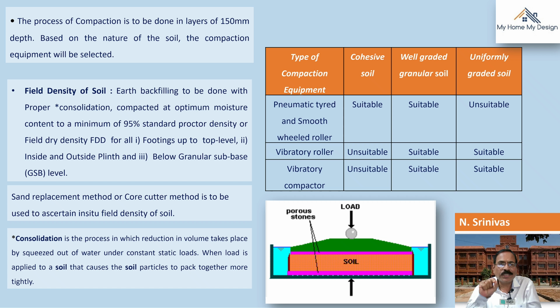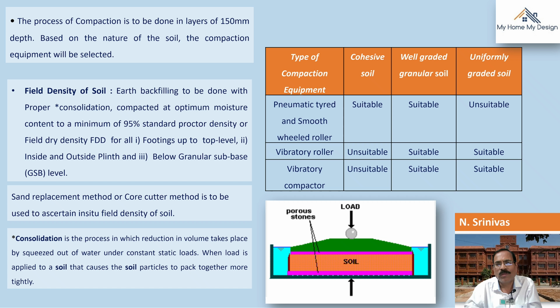See, consolidation is a process in which reduction in volume takes place by squeezing out of water under constant static load. When load is applied to a soil, that causes the soil particles to pack together more tightly.